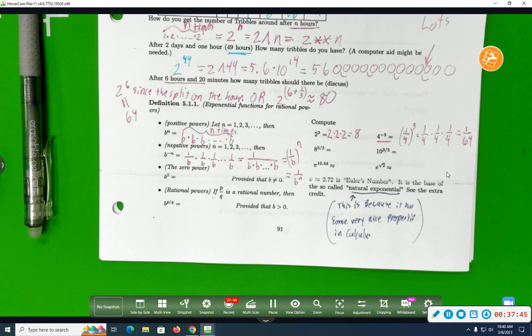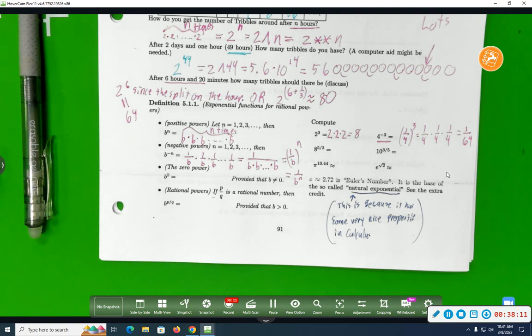B to the 1 should just be b, right? B times itself once is b. So that should be the same as no b written in the row, and then multiplied by b once. That seems reasonable, I hope. If you multiply b by itself no times, then multiply by b once, you should get multiplying by b once.